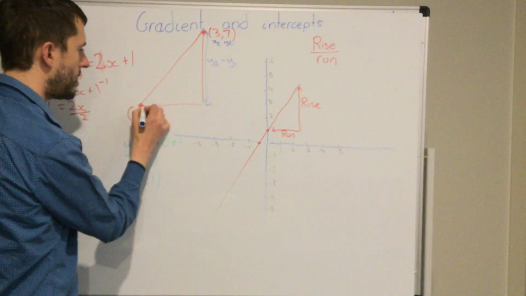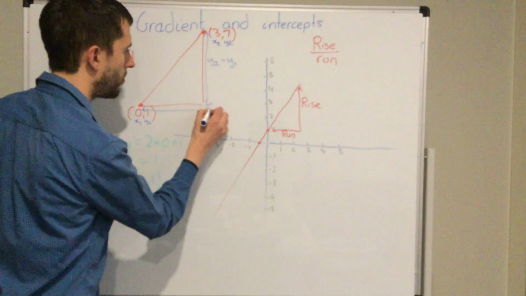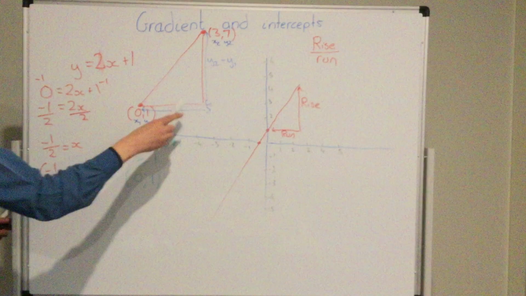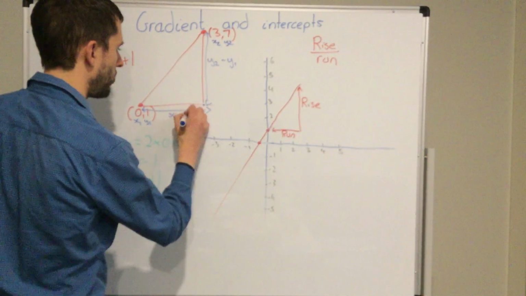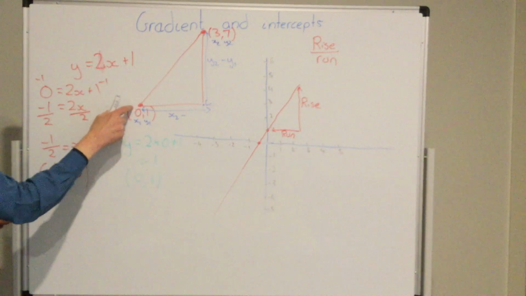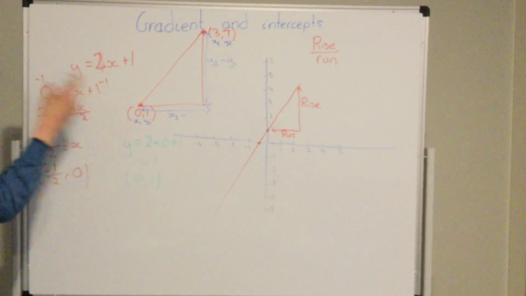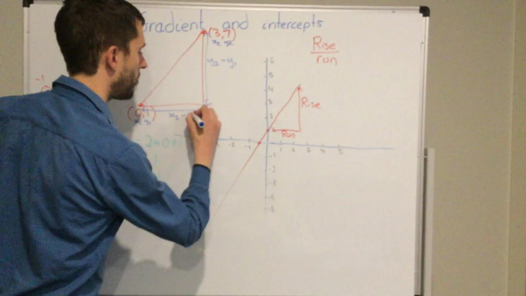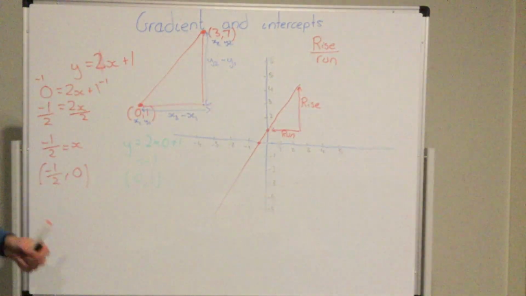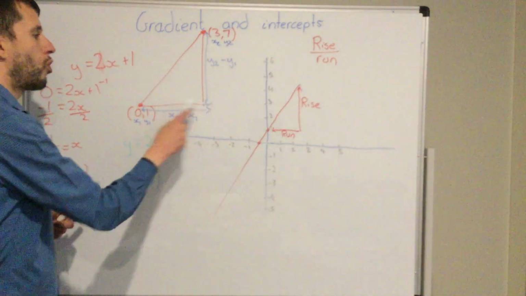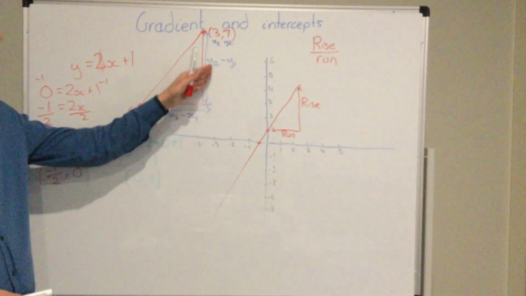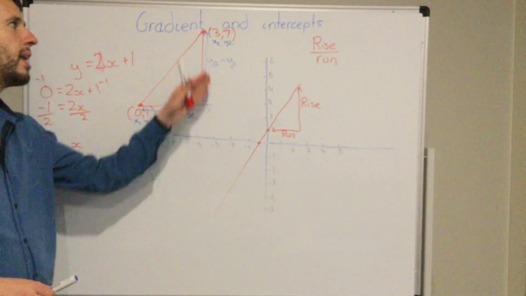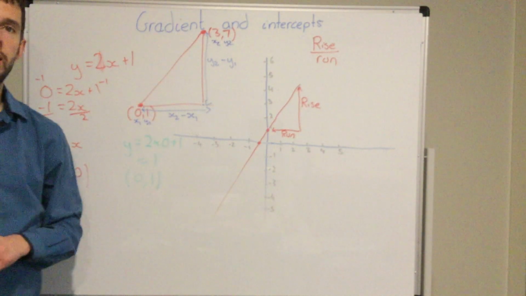To find out this distance here, this x would be x2, and we are minusing anything that's on the other side, to get how long it is. So this will get us how long, and then y2 take y1 will get us how high it is.